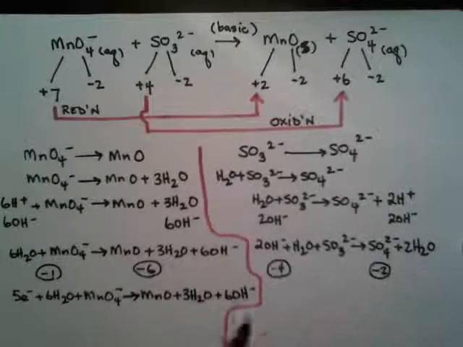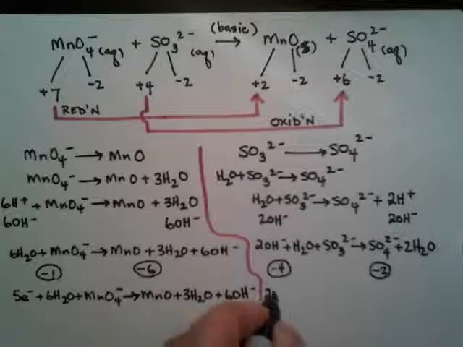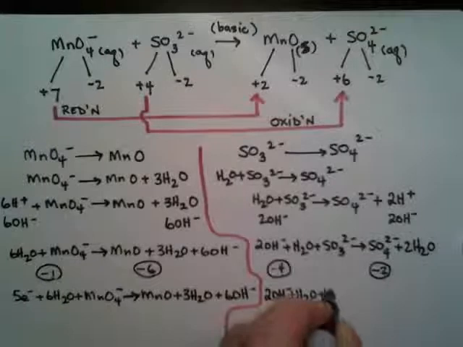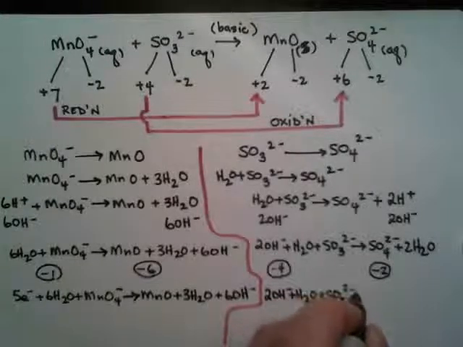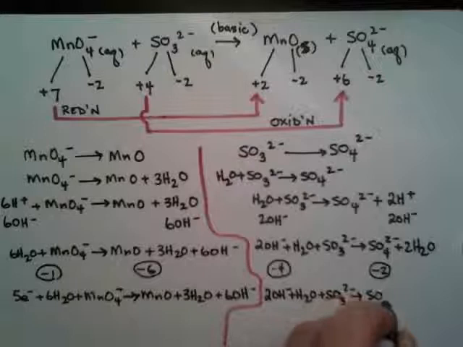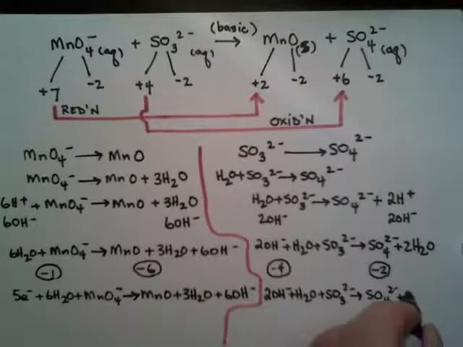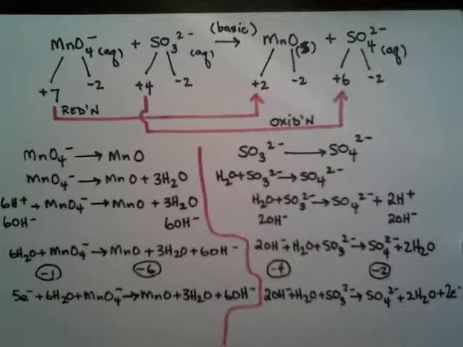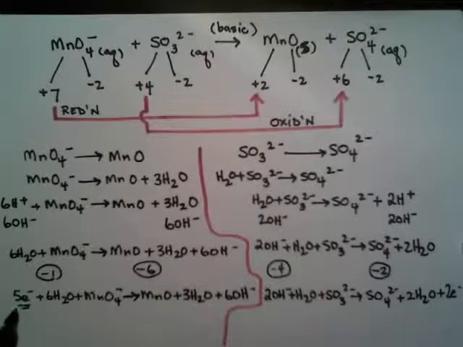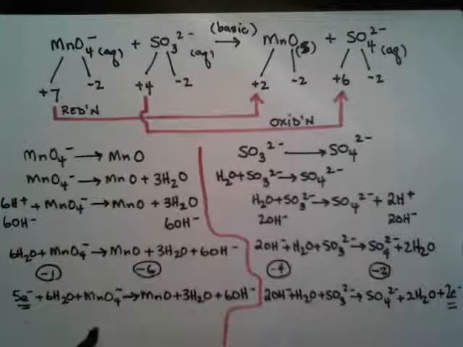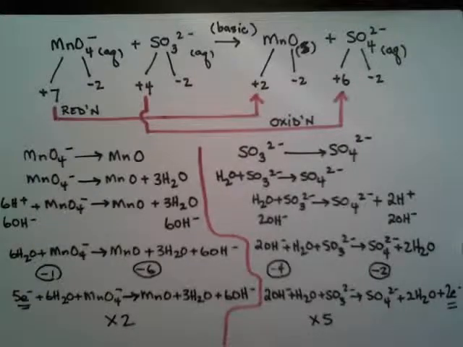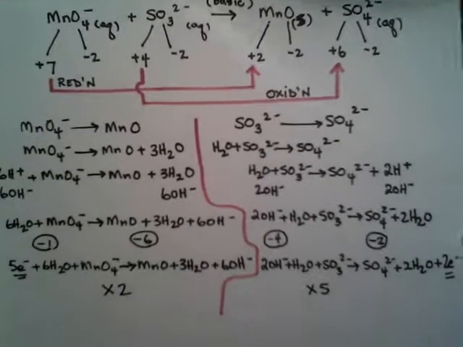And so I need 2 electrons on the right-hand side. So now I have 5 electrons and 2 electrons. So I actually have to multiply this by 2 and this by 5 and add them together.